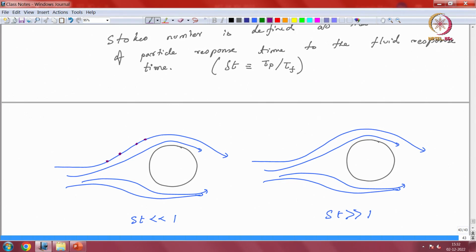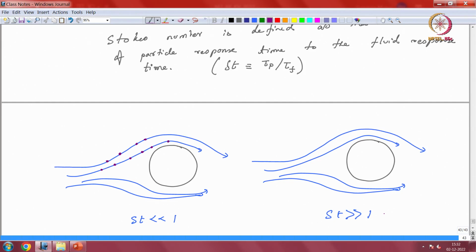Now, Stokes number much less than unity means that the particle response time is much smaller than the fluid response time. So, the particle actually responds very fast. As the flow changes, the flow has some response time, but the particle changes its own direction faster than that. So, when the Stokes number is much less than 1, the particle is able to follow these streamlines very nicely.